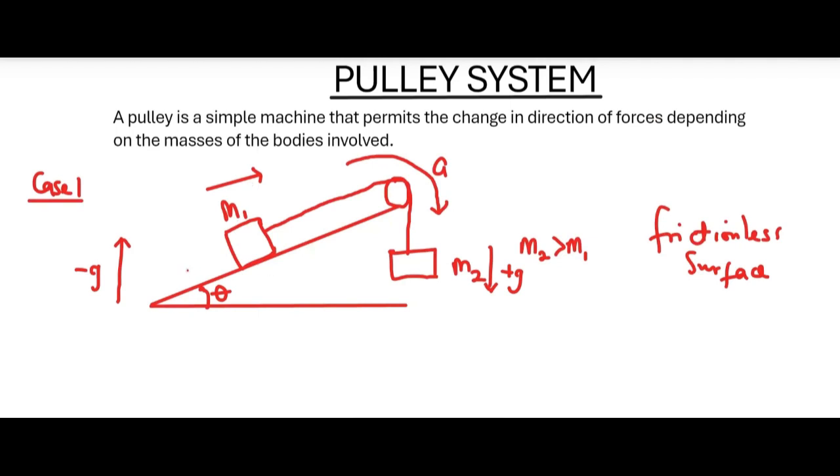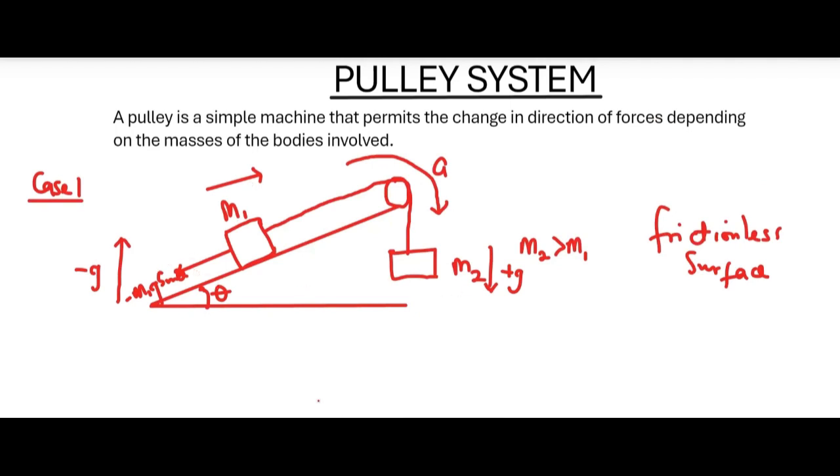So what is the interpretation of this on this body? We're going to have the weight trying to bring the body downwards, which would be a negative weight, right? It will be minus m1g sine theta. It's attracted by sine theta because this particular side is inclined at an angle, right?